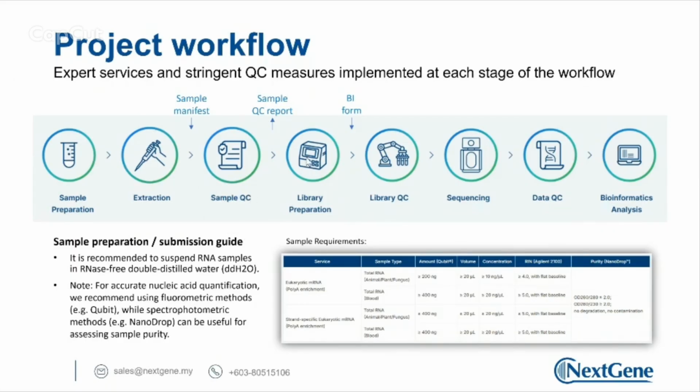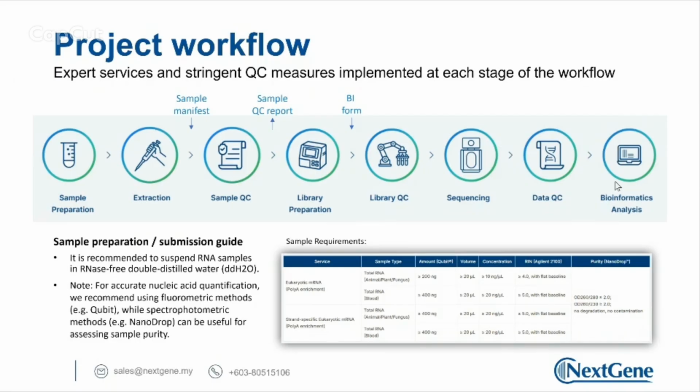Once the samples are QC'd at the sequencing lab, they will issue a sample QC report to tell how the condition of the samples is, whether they are suitable to proceed for library preparation and sequencing. From there, users can decide whether to proceed or perhaps to resend the samples, in case some of the samples are degraded, and they suggest trying another set of samples.